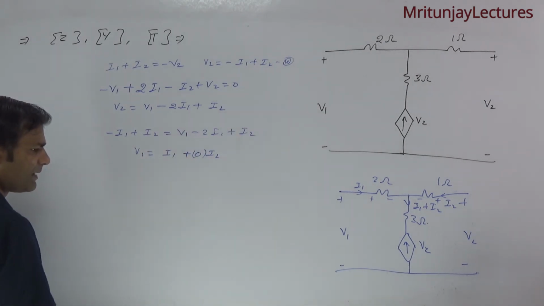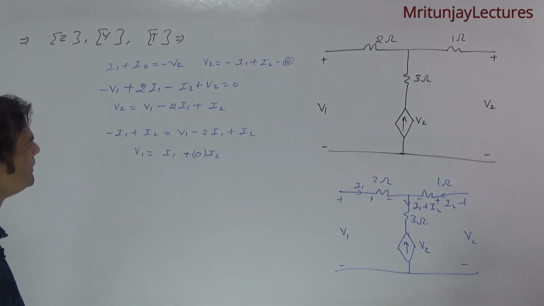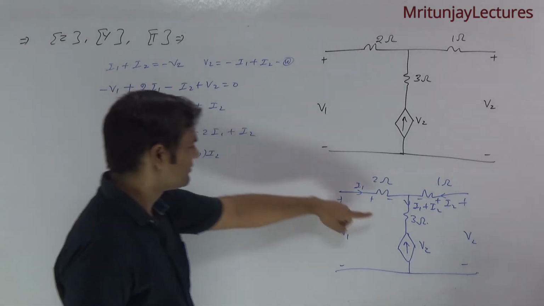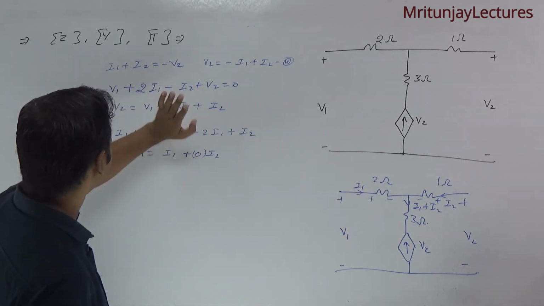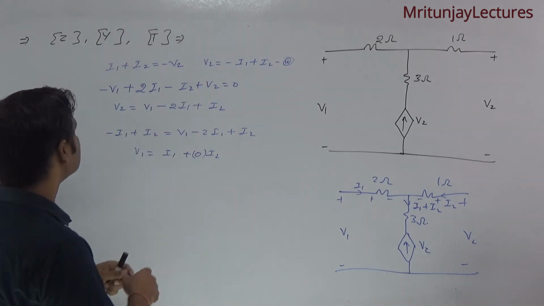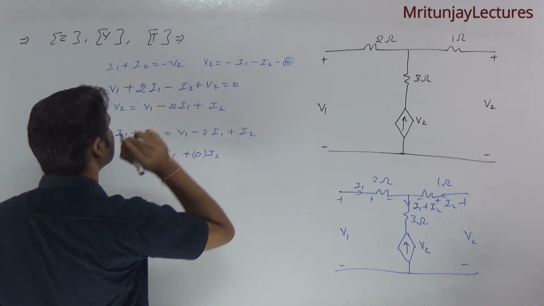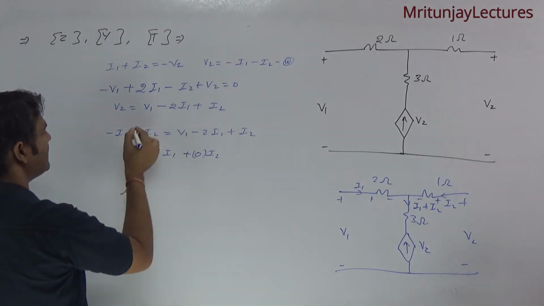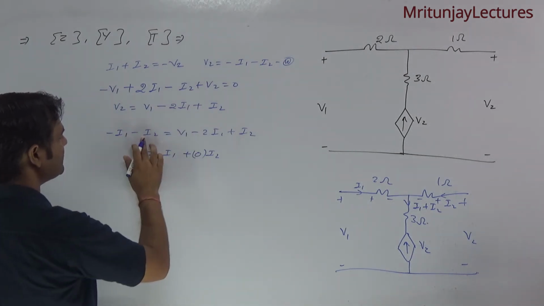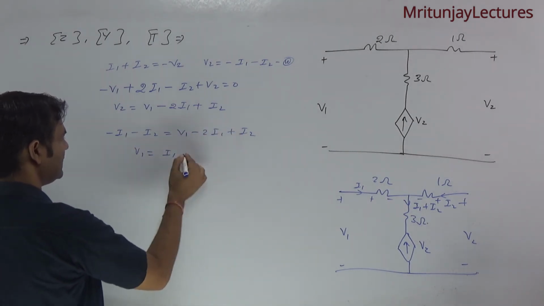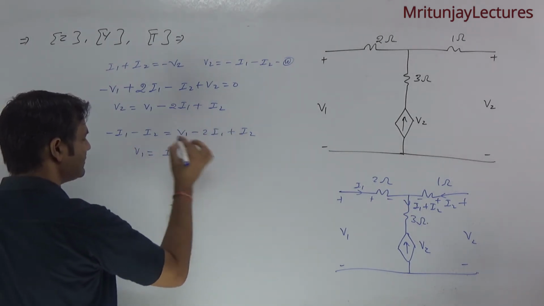Clear or not? Very simple. I1 plus I2 is equal to minus V2. So V2, silly mistake here, minus and minus. So V1 will equal, if this goes here, minus 2 I2.